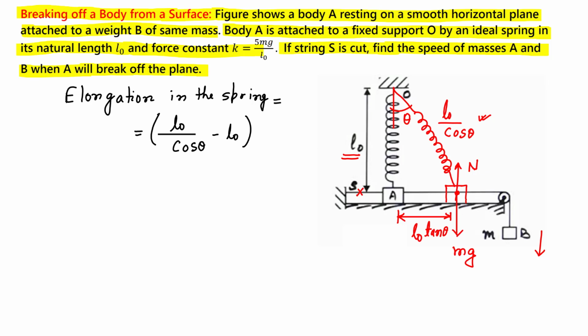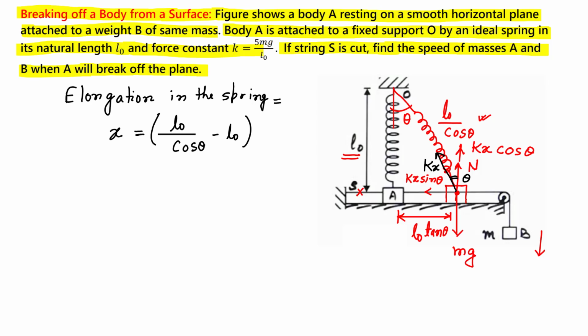Let's call this x. There is a force that will act on this block due to this spring in this direction, and this force will be k times x. This angle is theta, so the component in this direction will be kx cos theta, and on this side we will have kx sin theta.